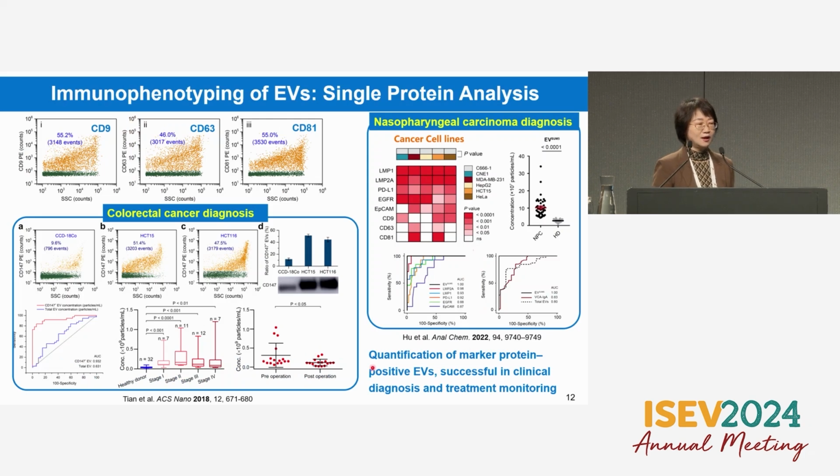And also, one distinguished advantage of flow for EV analysis is high throughput immunophenotyping of single EVs. By concurrently measuring the side scattering and antibody fluorescence, you can quantify the precise percentage of particles or EVs expressing a protein marker, so the percentage and also the distributions.